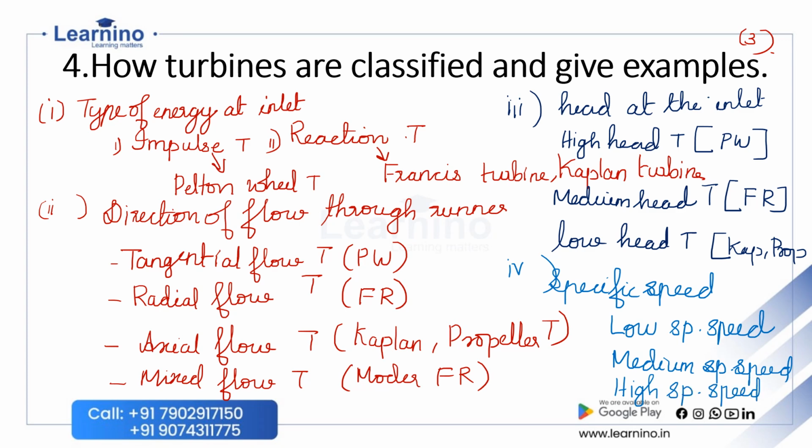Okay, the example of low specific speed turbine is Pelton wheel turbine, and the example of medium specific speed turbine is what? Francis turbine, and the example for high specific speed turbine is Kaplan turbine. So these are the classifications of hydraulic turbines.